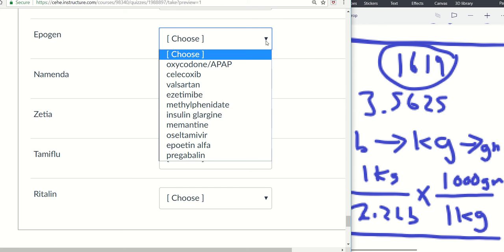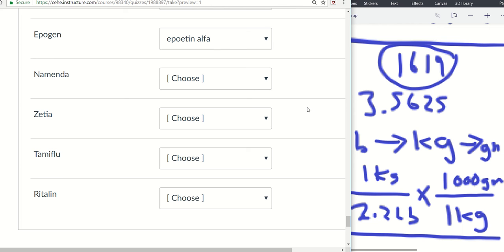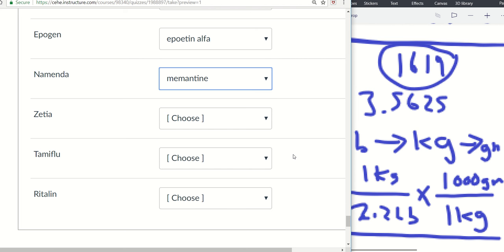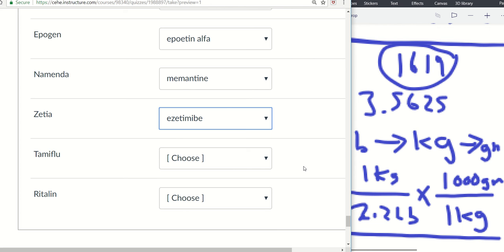Yeah, so that is epoetin alfa. Easy enough. That's that blood doping drug. Namenda is memantine, yeah. So the name's very similar, has that man in there. Zetia is for cholesterol. What's the other one with the Z in it? There you go. Ezetimibe. So that helps you.